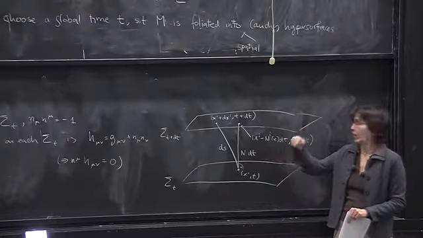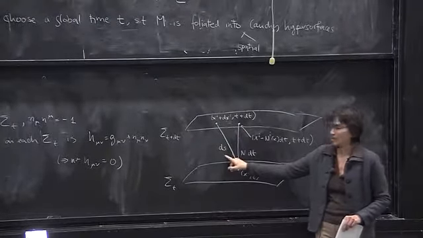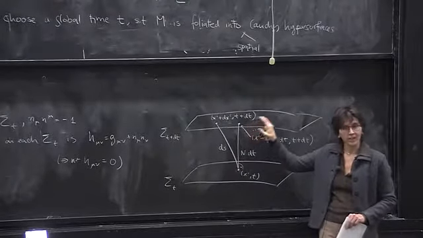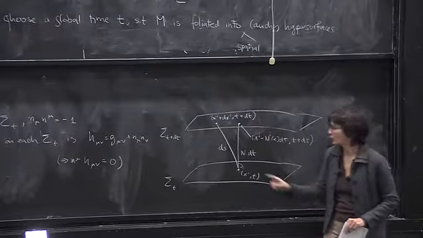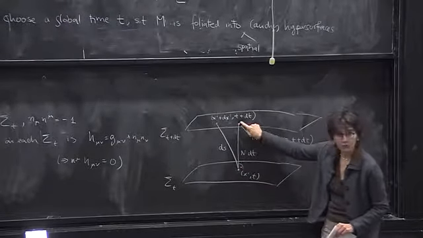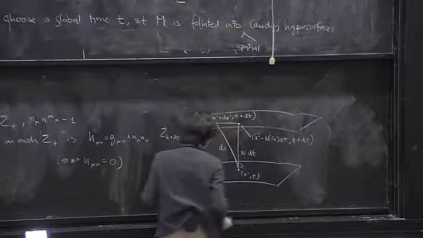Okay. Now what I'm going to do is write down Pythagoras' theorem in Lorentzian metric to express this distance as a function of this distance here and that distance up there.